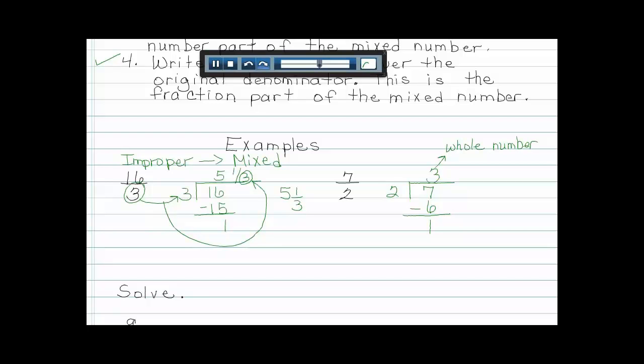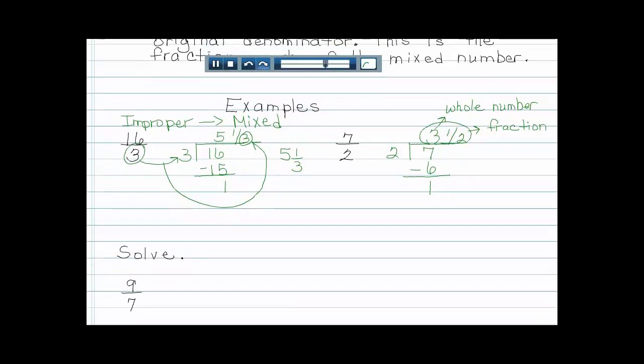And then we write the remainder 1 over the original denominator, which is 2. And so 1/2 becomes our fraction part of our mixed number. 7/2 changed to a mixed number becomes 3 1/2.